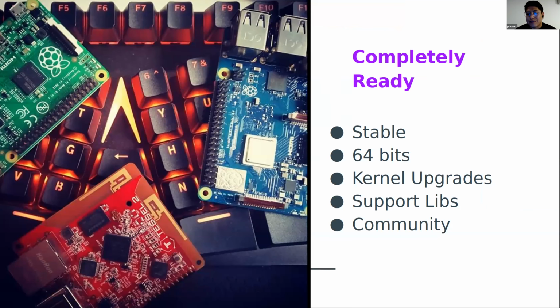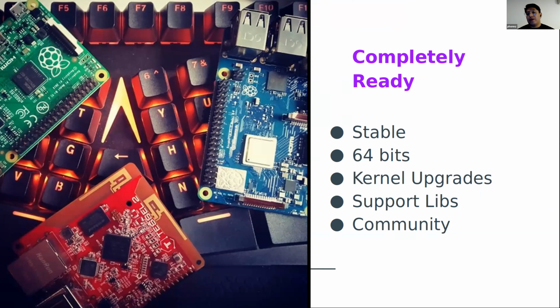I say that it's completely ready because it's really stable. I can tell you that there is not a gap between versions that you need to worry about. Now it's compiling with 64 bits. We always have the latest kernel upgrades from Linux.